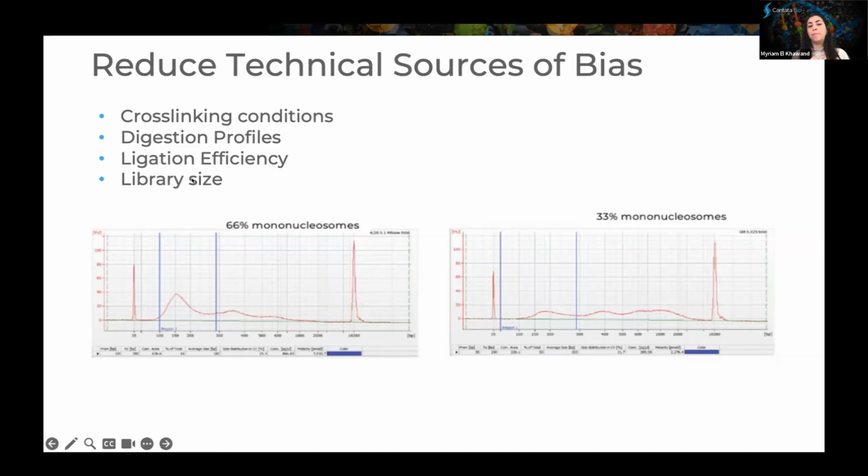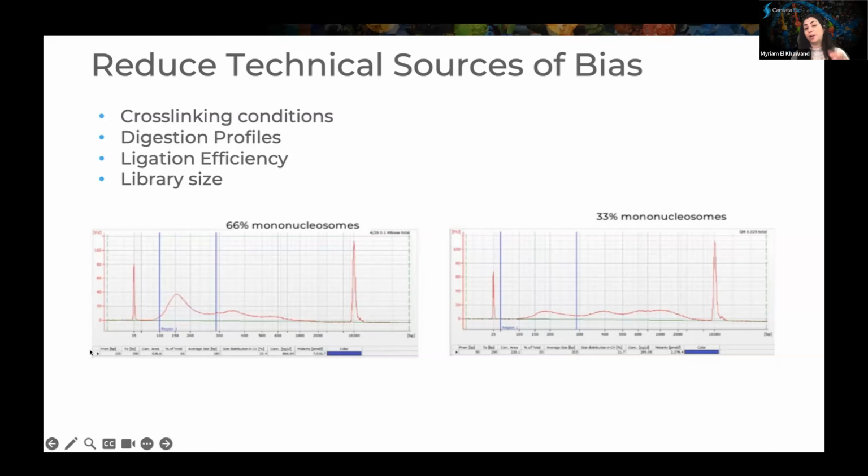So we ask in the last step of the protocol to size select your libraries to the same range, between 350 and 1,000 base pair, in order for you to proceed with a library that has the same size range for fragments. So these are things that you can control, and you can do so easily by just following the protocol and using the same standardized steps between all of your samples.